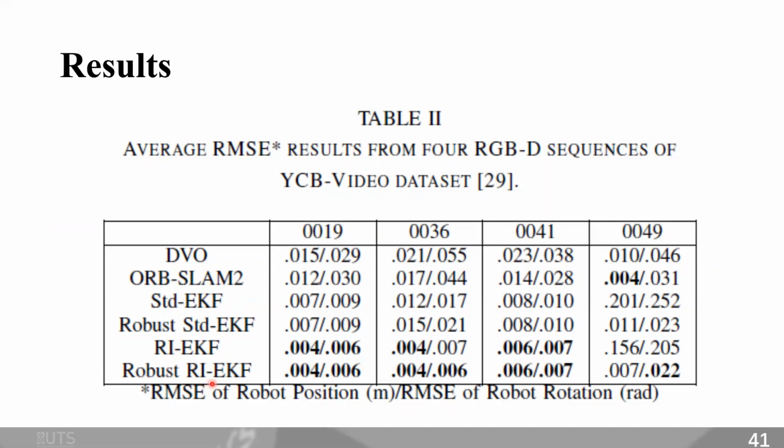The robust RI-EKF performs the best, and we also compare to DVO and ORB-SLAM2. It is also better than these two optimization-based methods. I think the reason why RI-EKF is better than these two optimization methods is that they just use the low-level features, the point features.